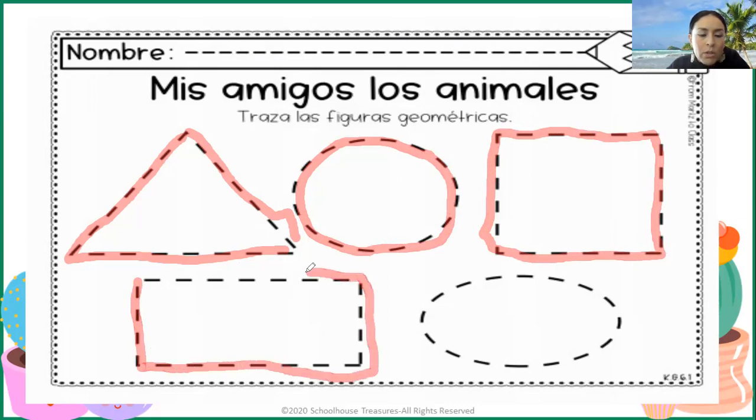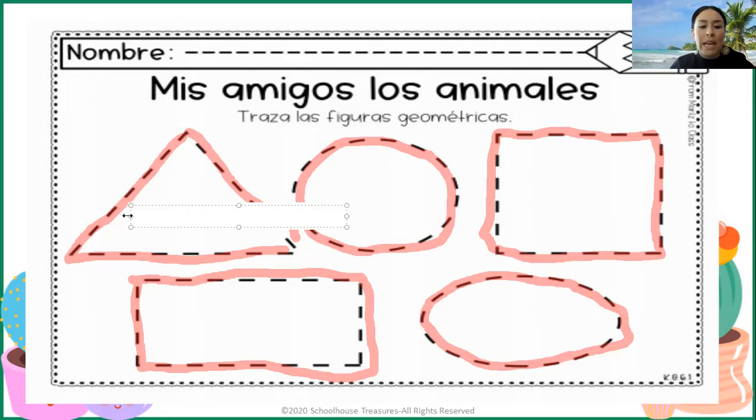It's a little tricky to do it using my mouse on the computer, but I think I'm almost done. Okay, estudiantes, after you draw the shapes, let's get ready to write the names, okay?